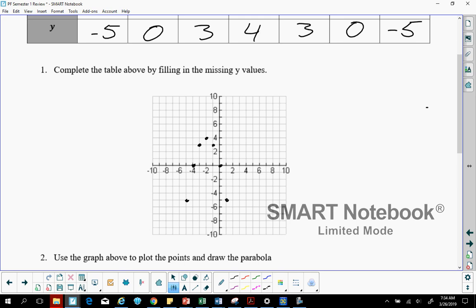This is really hard to do up close. So your dot should look something like that.